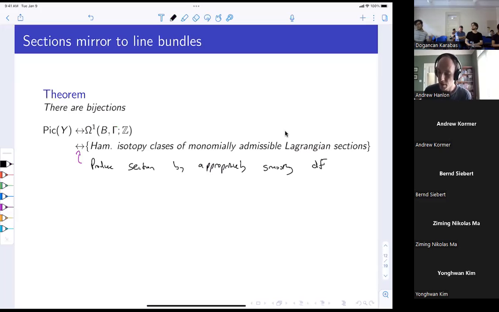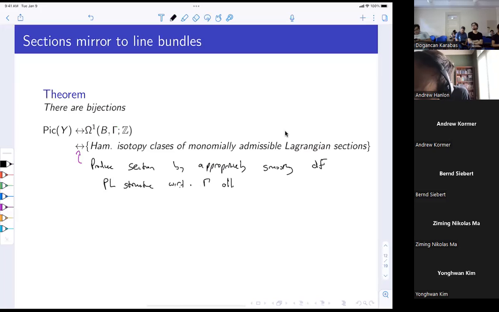The fact that they differ by a linear function means that the section that I take, that takes df, makes sense, and the PL nature with respect to gamma allows one to do this so that they are monomially admissible.